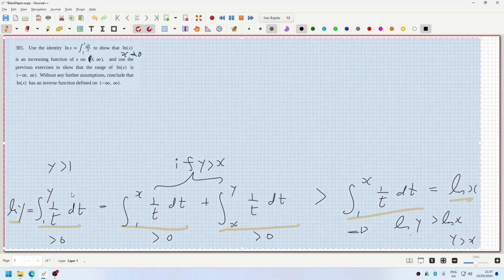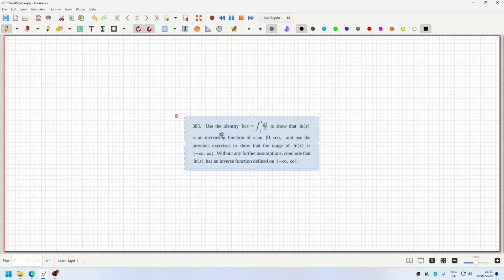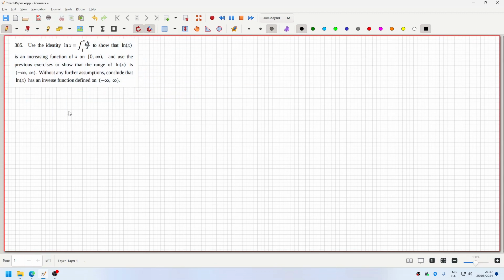Okay. All right. The derivative of log x will be the derivative of the integral from 1 to x of 1 over t dt.